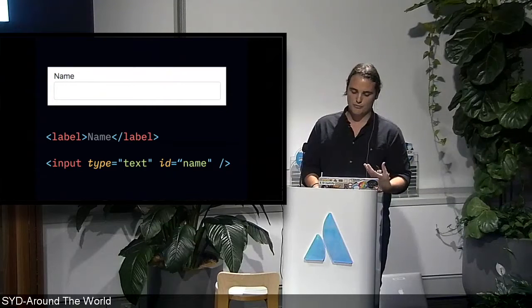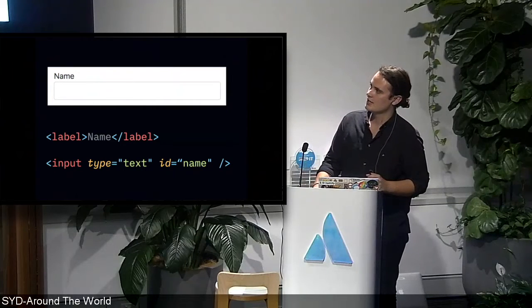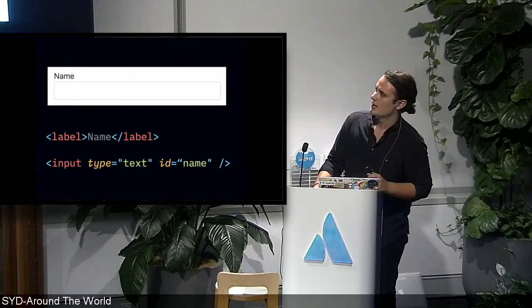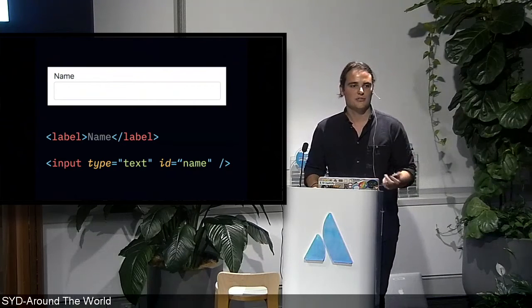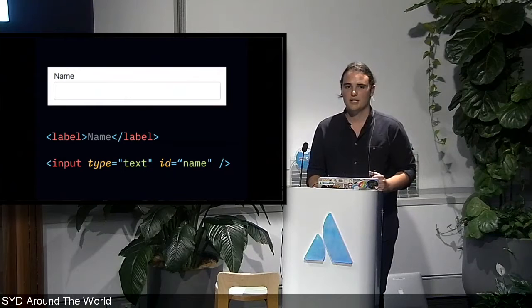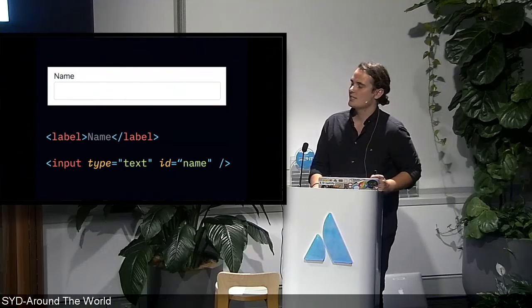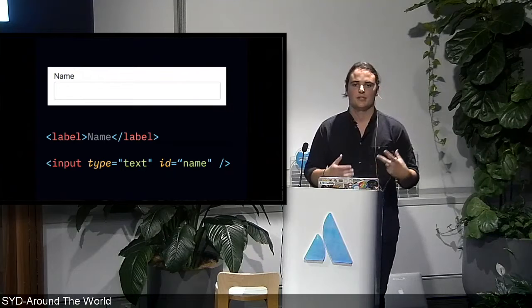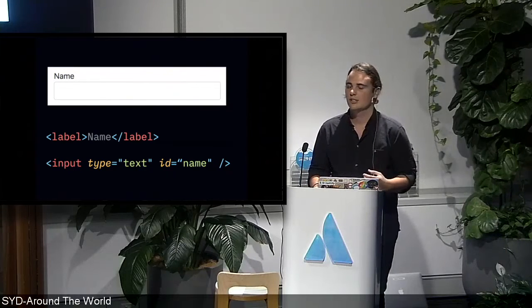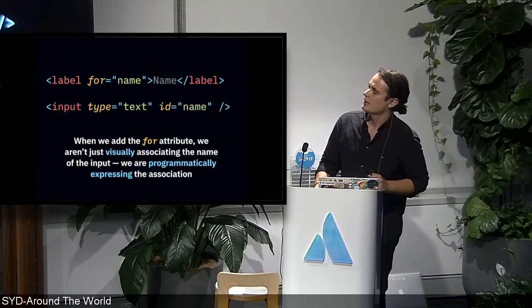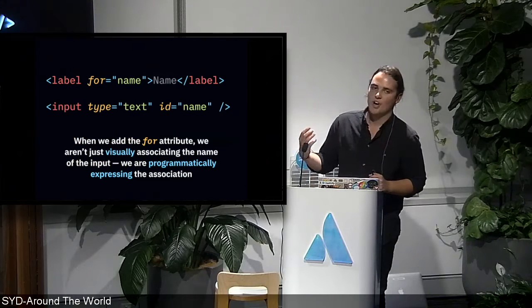When you see code like this, to a sighted user this is an input with a name label, and you go, yeah, that label is for that input. But when that is taken out of a visual context and moved somewhere else, that association is lost unless it is programmatically expressed.